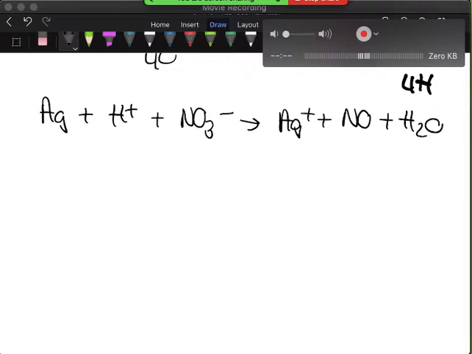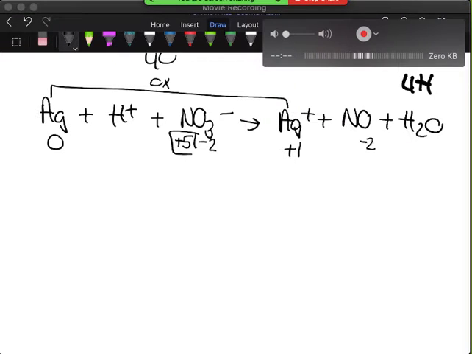So this is a 0 to a plus 1. This is my oxidation. This is a negative 2. This is a positive 5. This is going to negative 2, positive 2. Here. So I am going from plus 5 to plus 2. This is my reduction line.